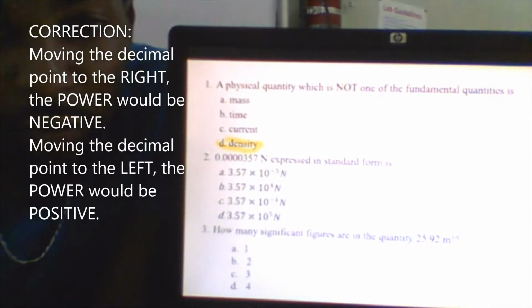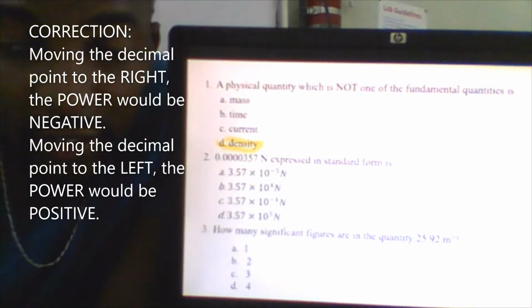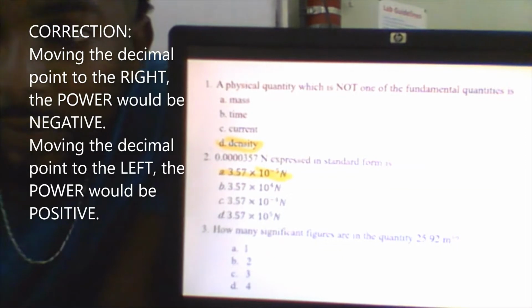If you move the decimal point to the right, the power should be positive, and if you move it to the left, the power should be negative. So in this case, the most appropriate answer there is A.